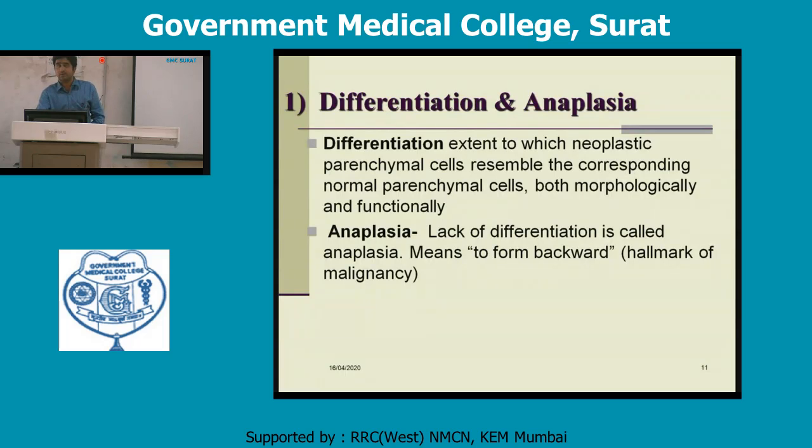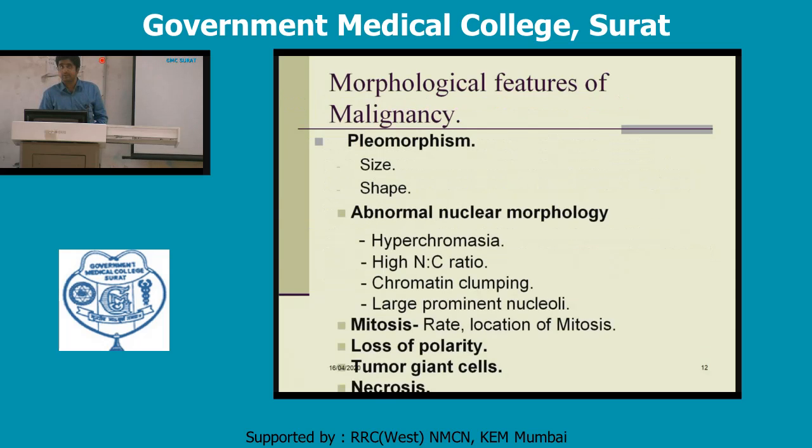And lack of differentiation is known as anaplasia. It is a hallmark of malignancy. So these are the morphological features of malignancy. By these points, we can very well differentiate between benign and malignant lesions.